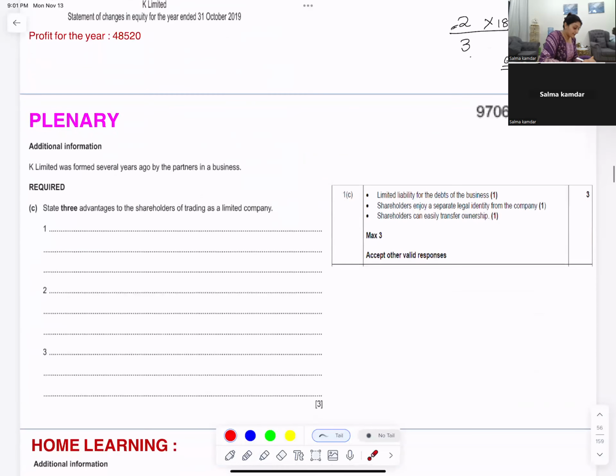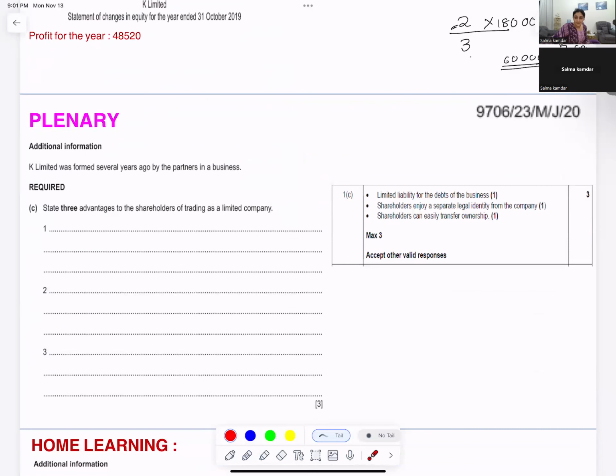Now the third part. State 3 advantages to shareholders of trading as a limited company. So if you are trading as a limited company, what is the advantage to your shareholders? First advantage is that the limited company has limited liability.